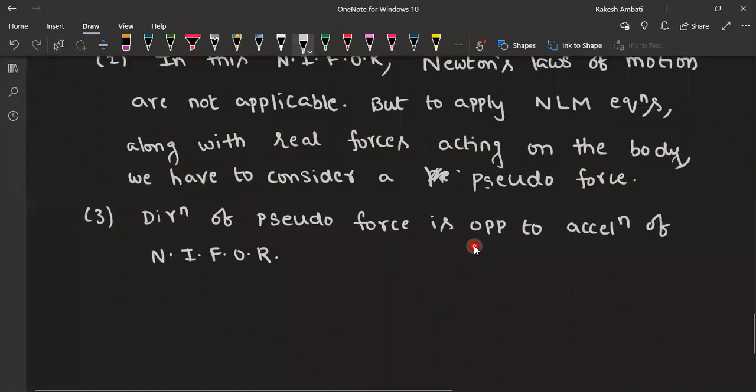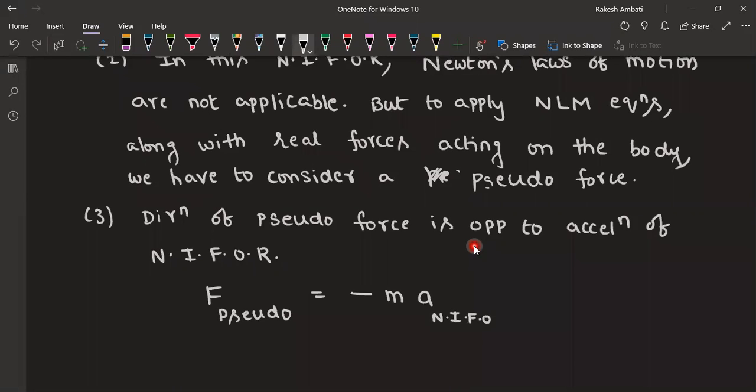Therefore, pseudo force equals minus m into acceleration of the non-inertial frame of reference.